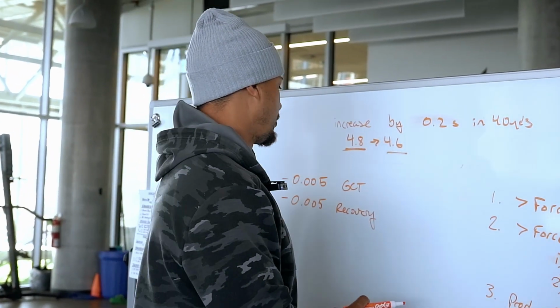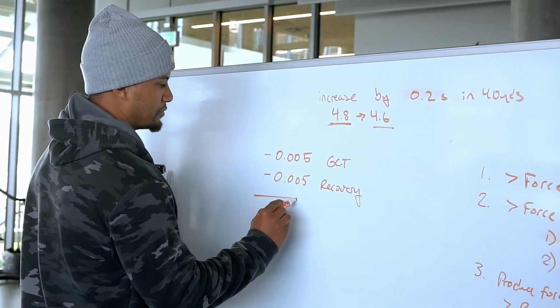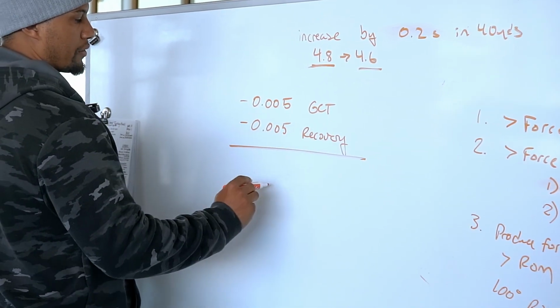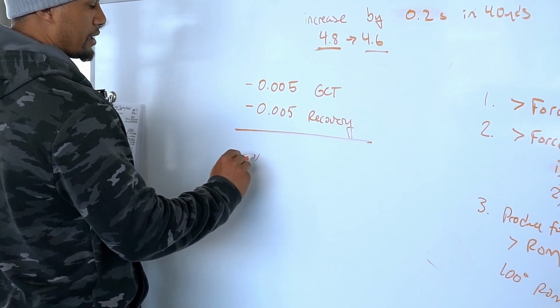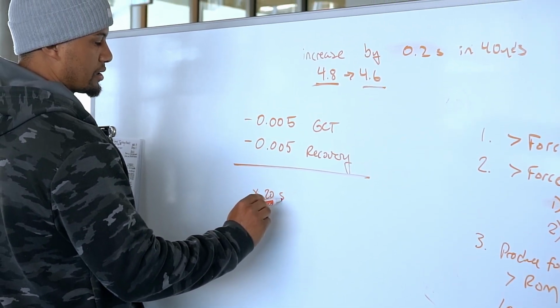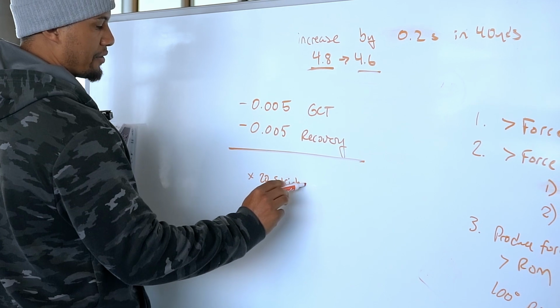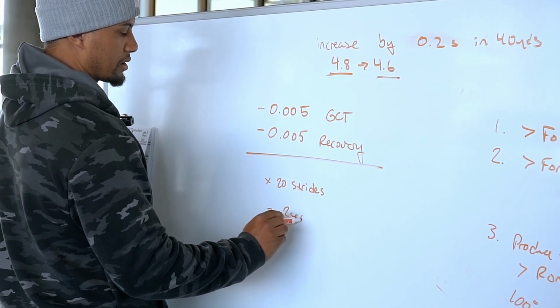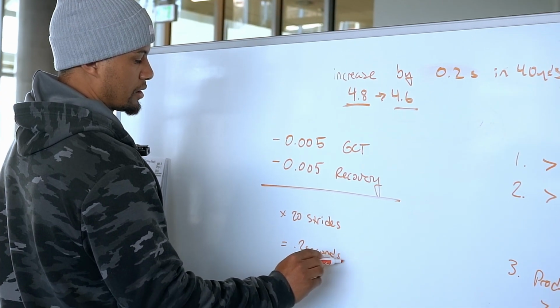Okay, so if I do this right here, ground contact recovery time, okay, times 20 strides, which is the average, that equals 0.2 seconds improvement.